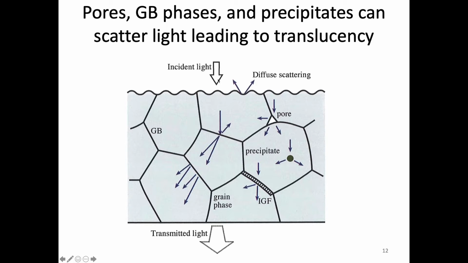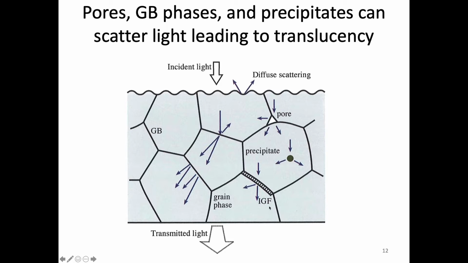If we think about the way that light interacts with this crystal, if we now have a polycrystalline material, grain boundaries can cause scattering of the light, therefore not transmitting the light. And so that can result in translucency or opaqueness. Anytime we have a grain boundary, that's going to affect that.